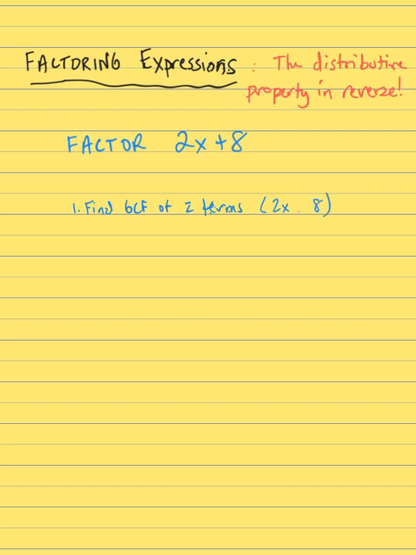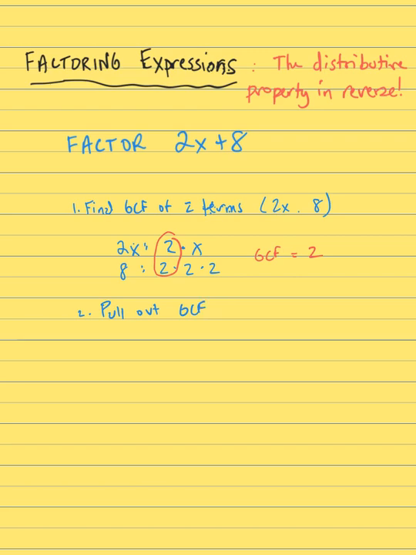So if we did that, we'd primely factor: 2x is 2 times x, and 8 is 2 times 2 times 2. See anything in common? Yeah, so my GCF must be 2.